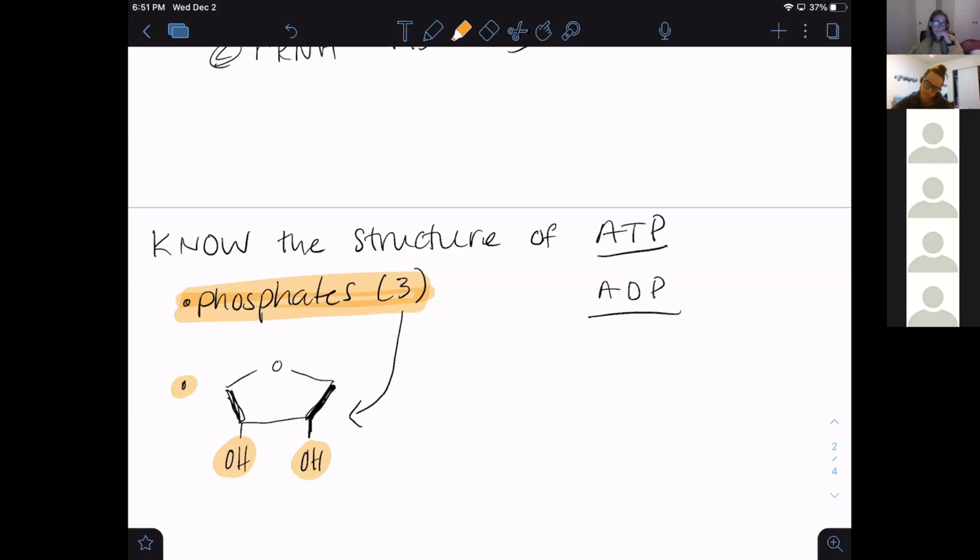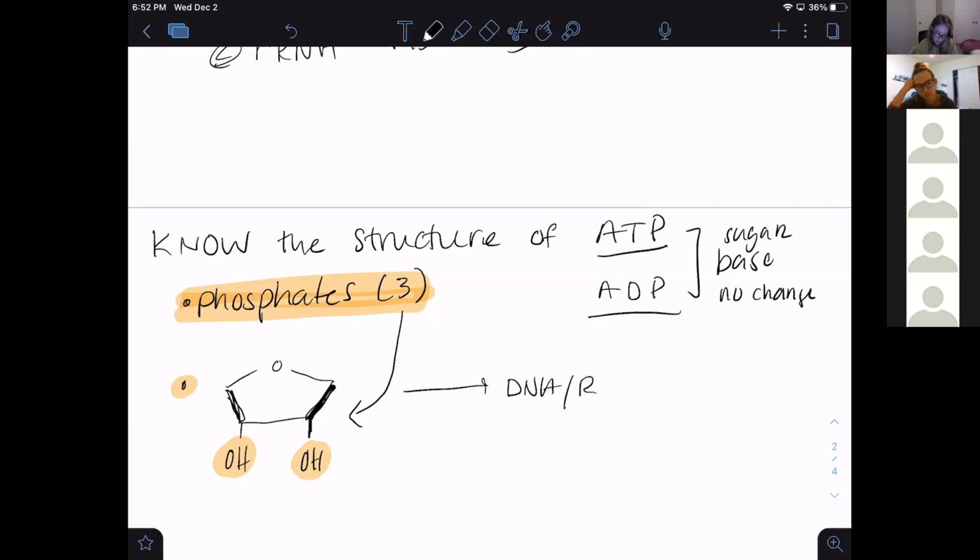The way that he'll do it, in ATP and ADP, we don't change the sugar base. The sugar base doesn't change here. The only time this sugar base will change is when we're talking about DNA and RNA, deoxyribose and then RNA.